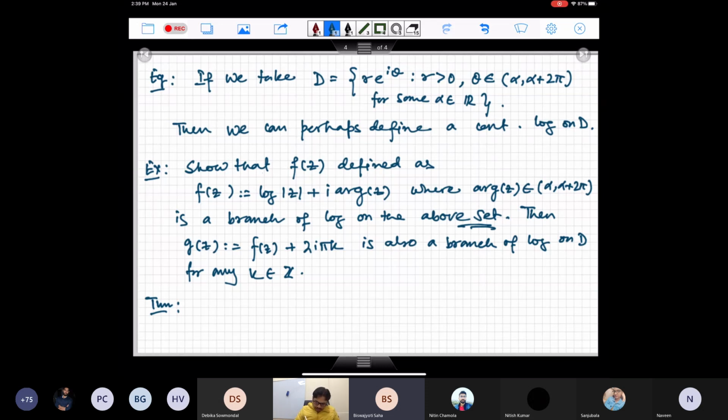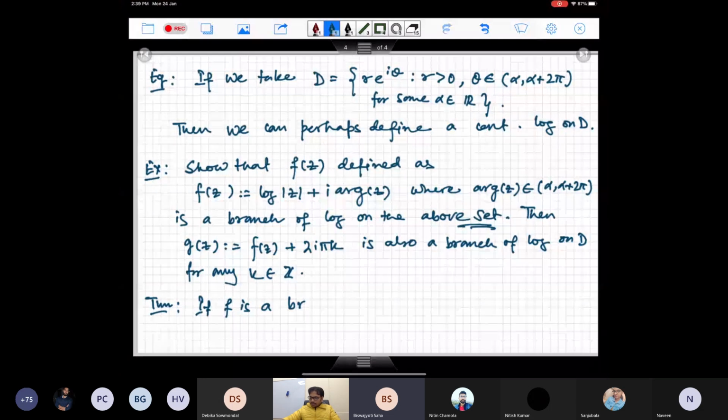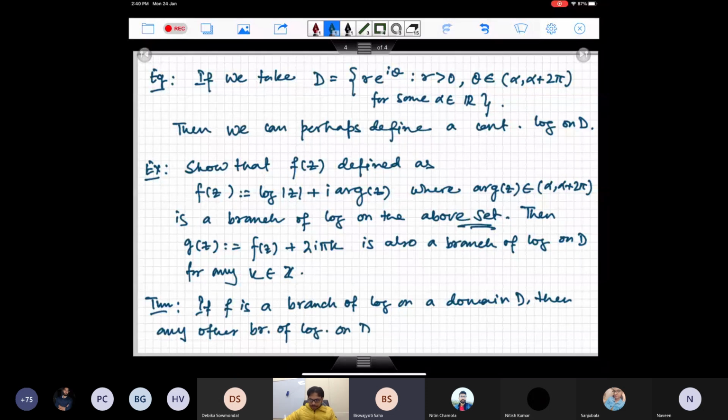Okay, so what I am saying here: if f is a branch of logarithm on a domain D, then any other branch of logarithm on D is of the form f(z) + 2iπk.